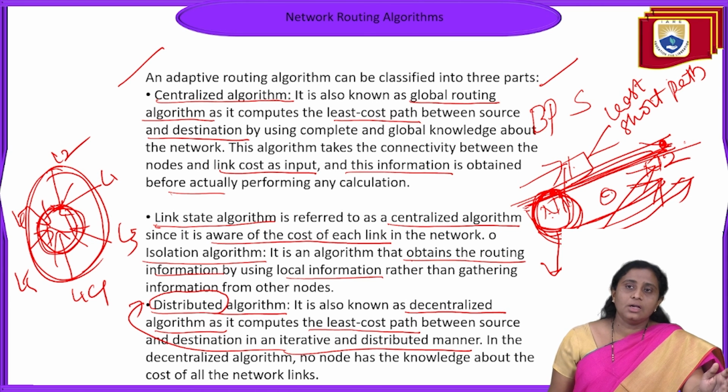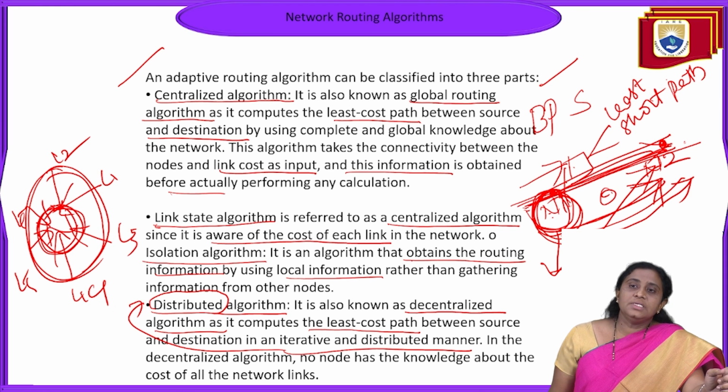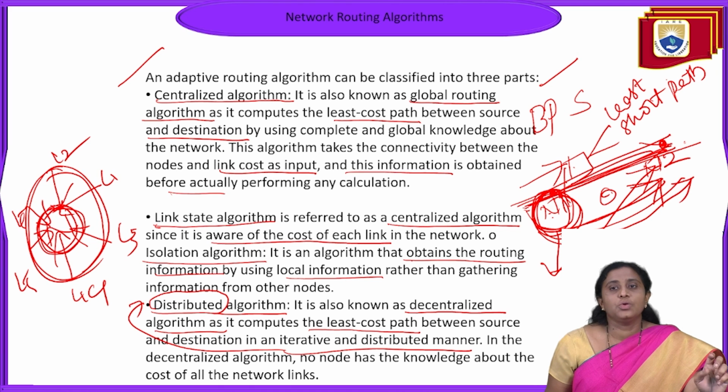After that, the link state algorithm, which is referred to as a centralized algorithm, and which is an isolation algorithm. It is especially meant for the information regarding the routing of packets, or the path on which the data packet can transmit from one route to another, or from one node to another node. That means it routes the information by using local information.